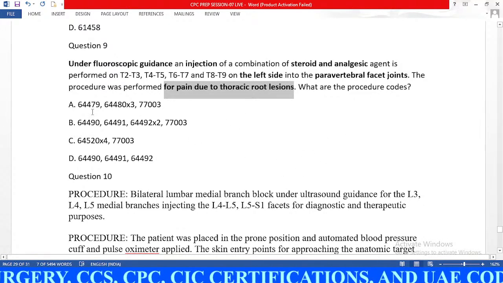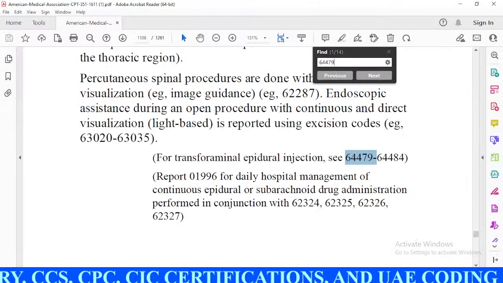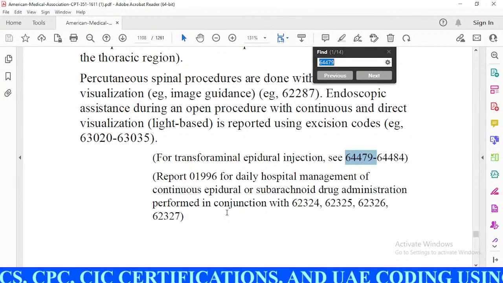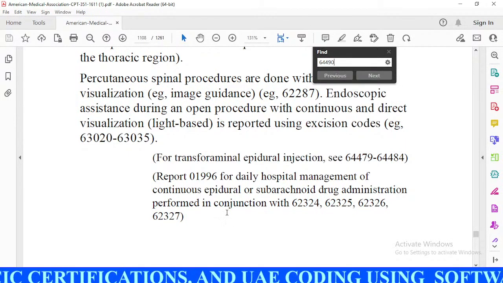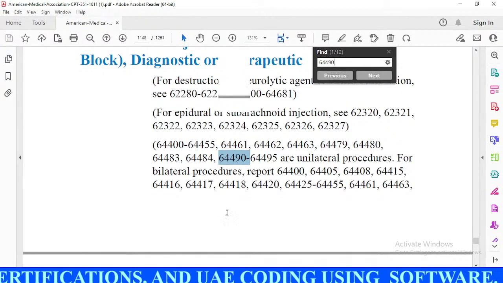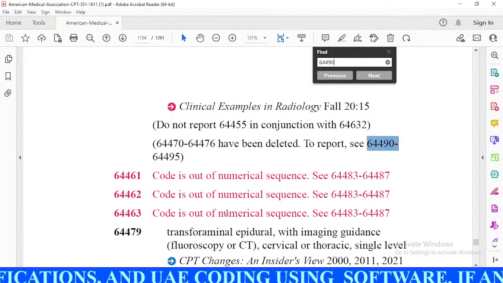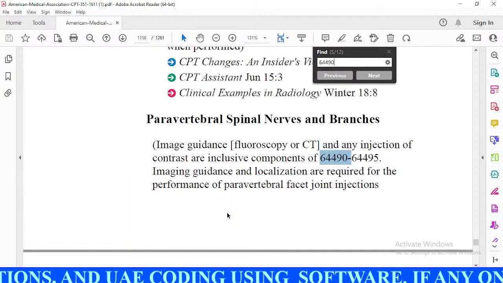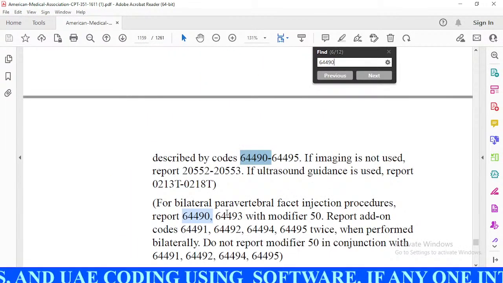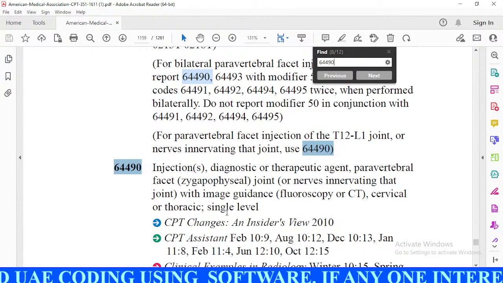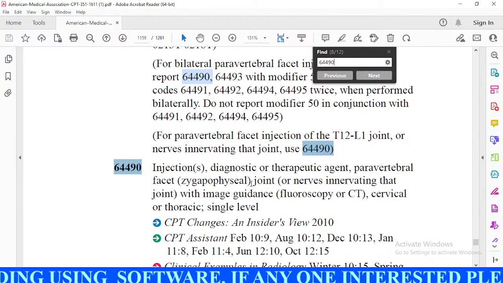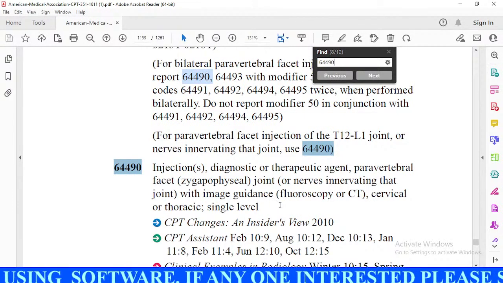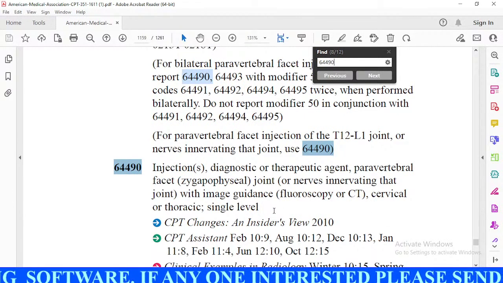Next we will check 64490. What is 64490? Injection, diagnostic or therapeutic agent, paravertebral facet joint with image guidance, cervical or thoracic.